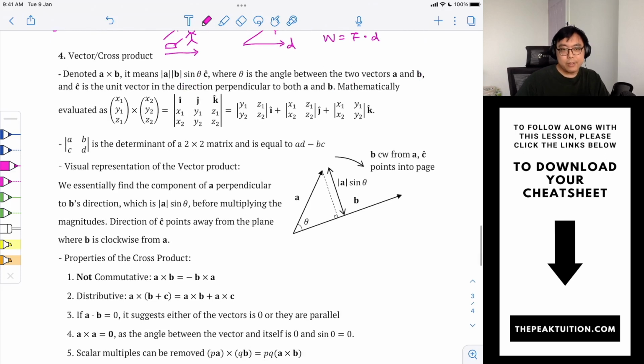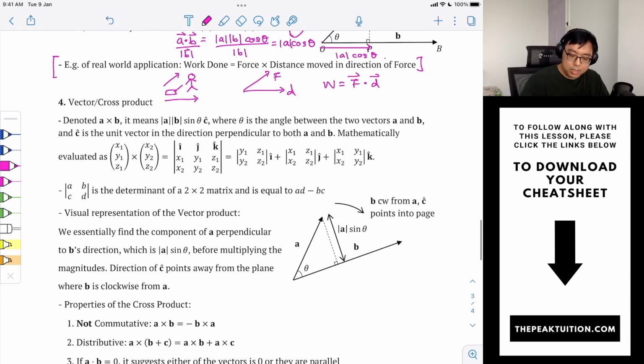Then we are moving on to vector product or cross product. The terms again are interchangeable, like dot and scalar product. In this case it is denoted as a cross b with a multiply symbol between, and this means ab sine theta, and now it has a direction vector.